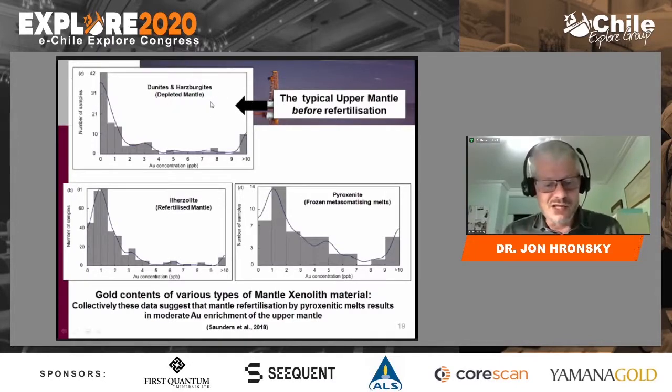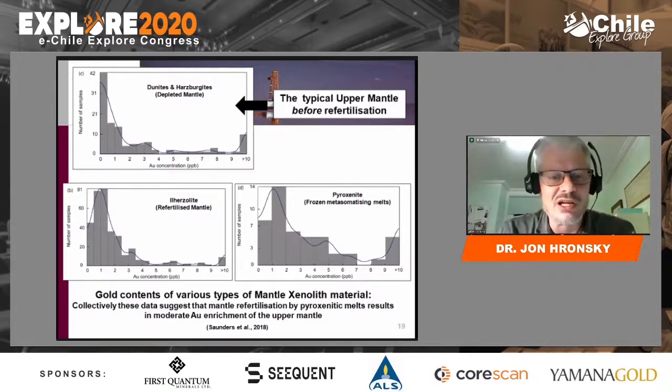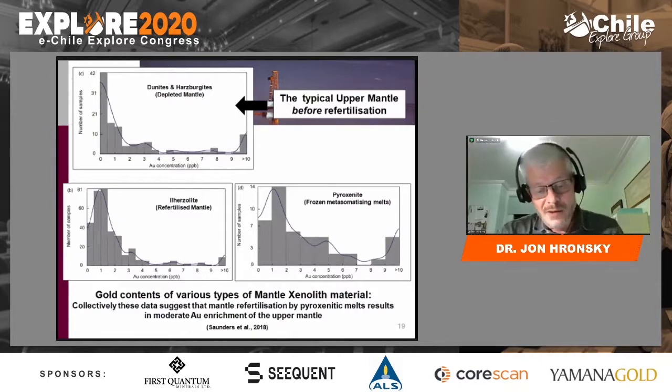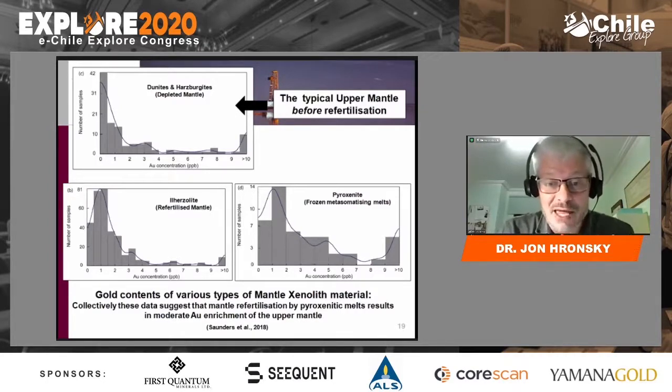So this is old Archean, the core roots to cratons, the sort of material that you would find diamond deposits in. And then over time, we gradually refertilize that mantle and the composition evolves to becoming more like a lherzolite. And then we actually see veins of melt running through the mantle, and that'll usually manifest in mantle xenoliths as a pyroxenite. So basically the refertilized stuff has more gold, and these actual pyroxenite veins have even more gold.